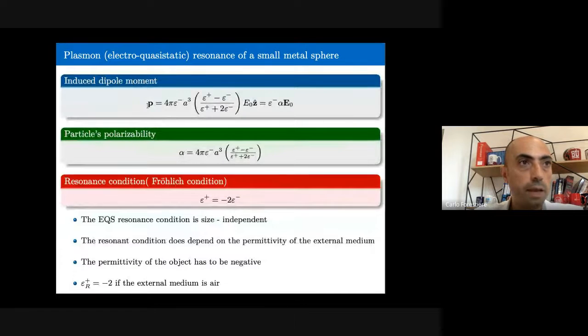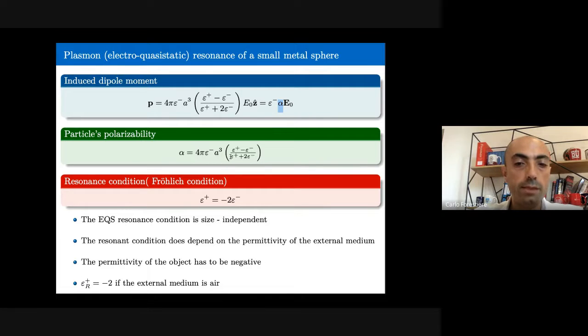We arrive at the expression of the polarizability, which is induced by an external exciting field, in terms of the permittivity of the sphere and the permittivity of the outside medium. In particular, we can identify over here the polarizability of the sphere, which is basically the factor that makes the induced dipole moment proportional to the exciting field.